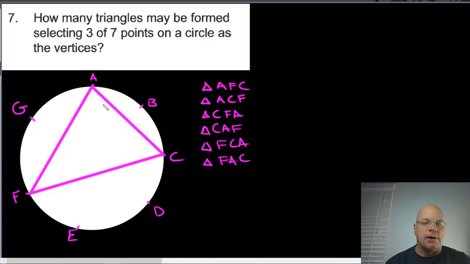That's why the order doesn't matter. It doesn't matter which order I put these vertices in. It's still the same triangle.